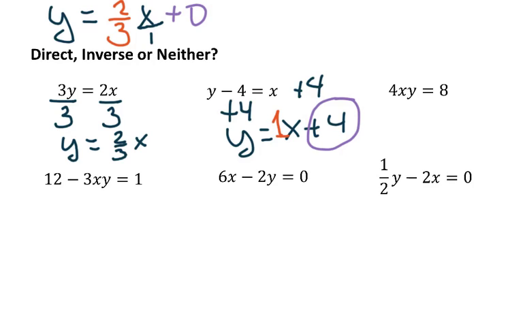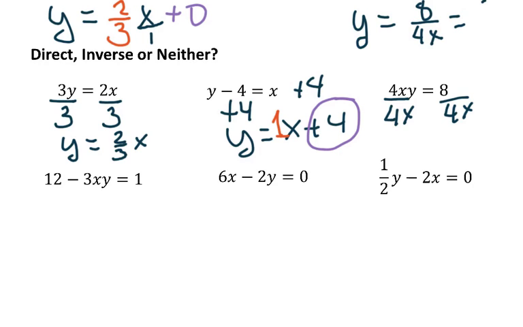All right, moving on to the next one. I need to solve for y, so I'm going to divide by 4x on both sides. Y is equal to 8 over 4x, which is the same as 2 over x.